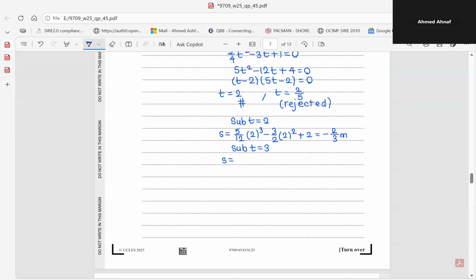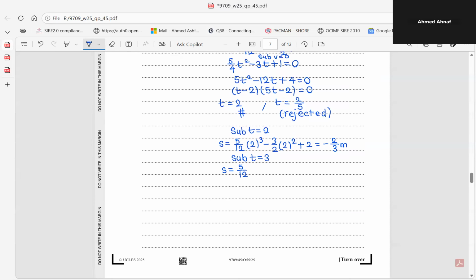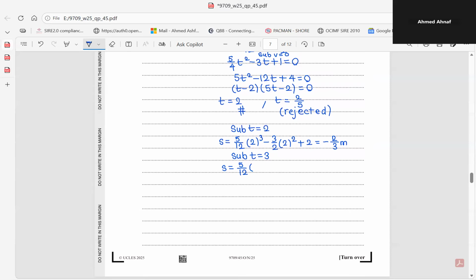So s equals 5 over 12 times 3 cubed minus 3 over 2 times 3 squared plus 3. You get 3 over 4 meters. All right, that's the distance traveled between.